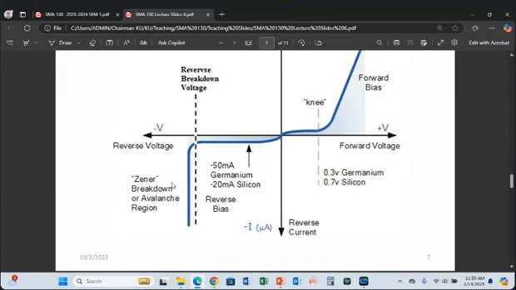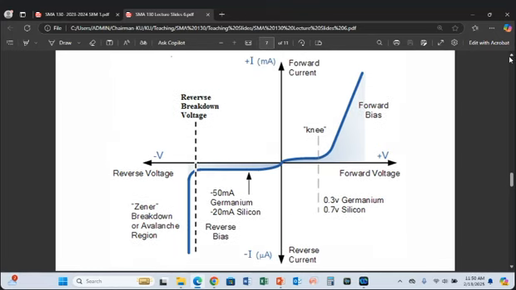Now the other side of this curve, which again is the diode IV characteristic curve, is when the diode is reverse biased. This is how it looks. Reverse bias gives us very, very small current.